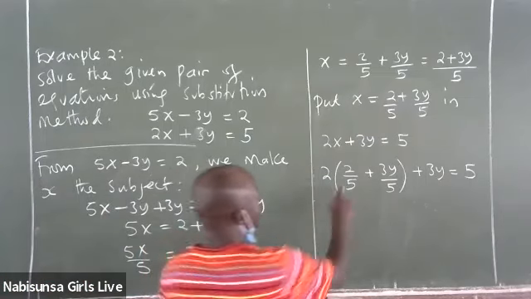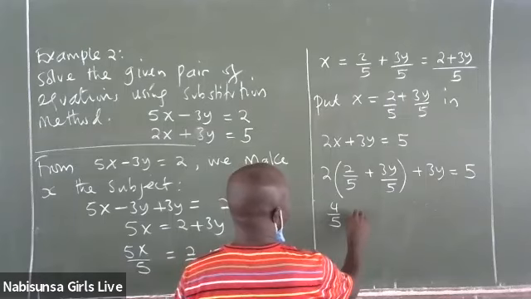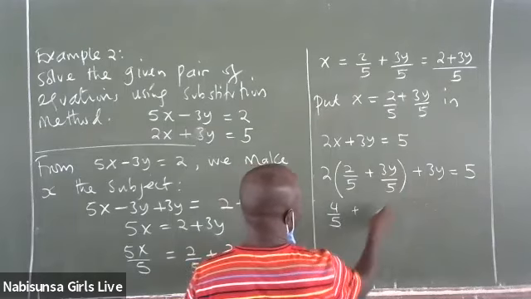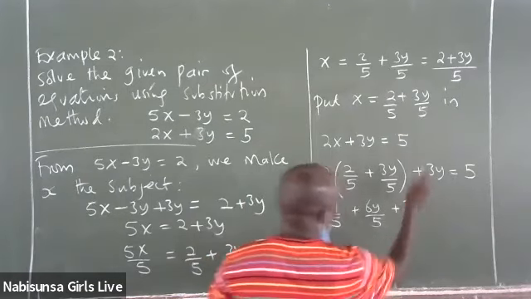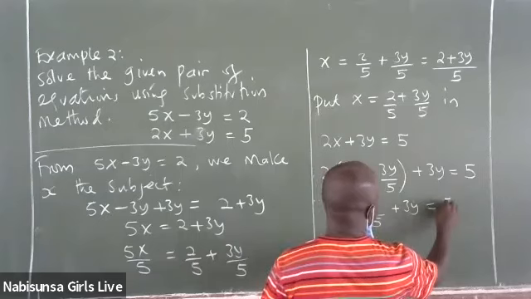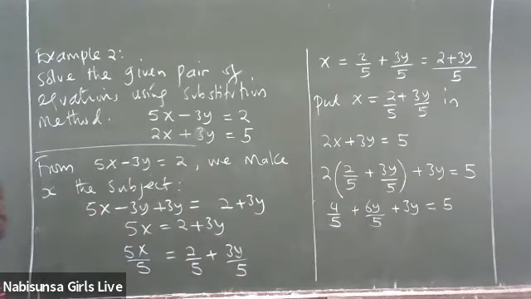So you have 2 times 2 over 5, which is 4 over 5, plus 2 times 3y over 5, which is 6y over 5, plus 3y equals 5. That is the product you end up with.